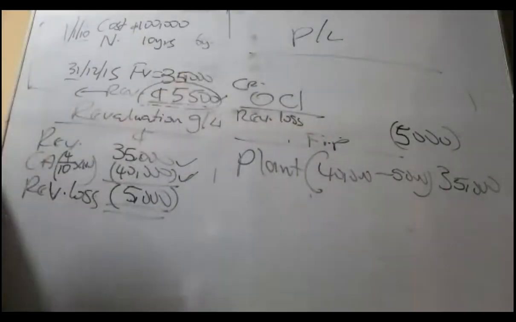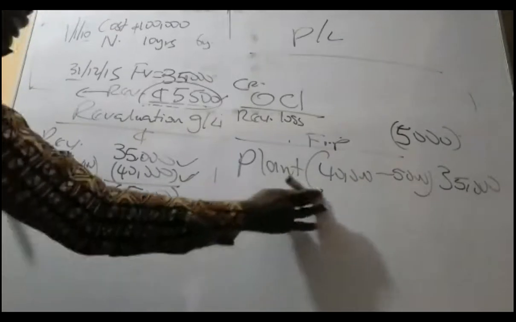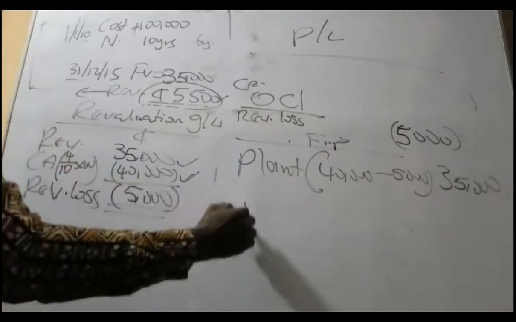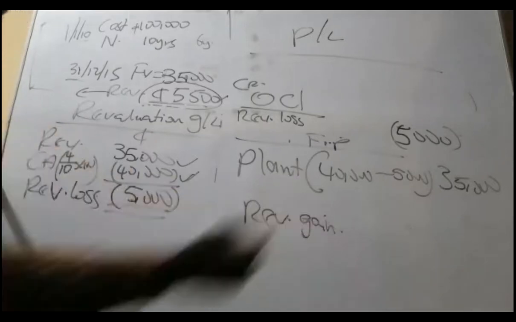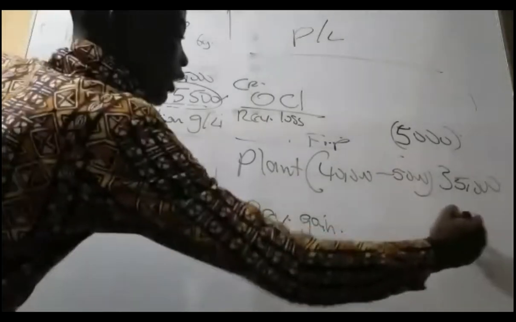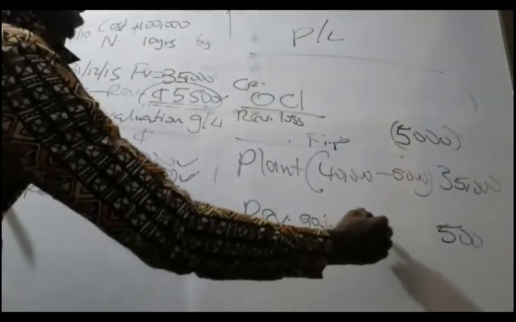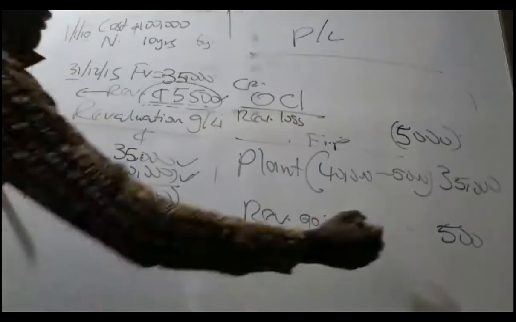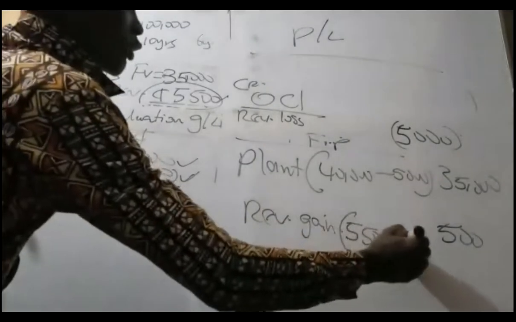It ends there. The remaining balance of 500 will go to the financial position. We record what we call revaluation surplus of what? Of 500. How do you get the 500? Because the opening balance of the revaluation surplus account is 5,500, less a loss of 5,000 from it.